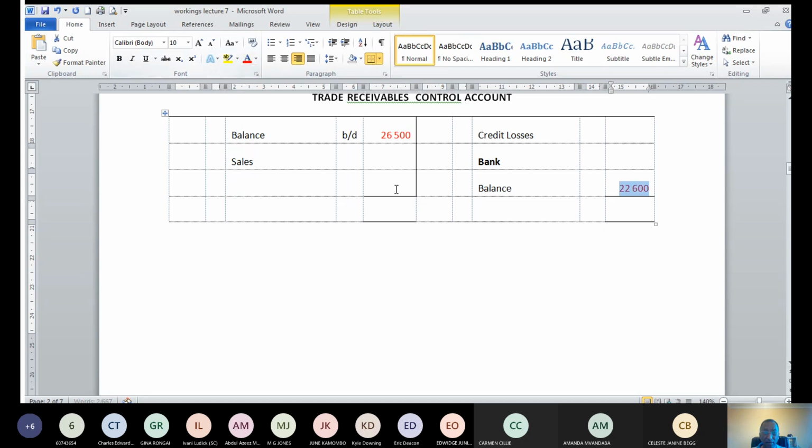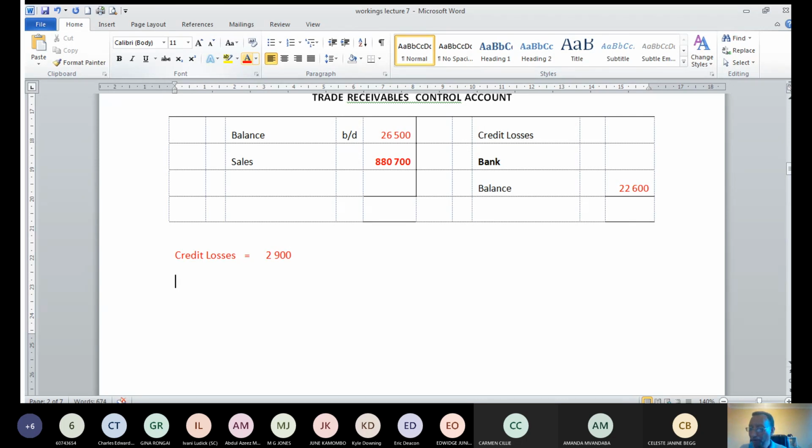Your sales for the year, from your statement of profit and loss and other comprehensive income, 880,700. And now we are going to deal with our credit losses. In our statement of profit and loss and other comprehensive income, our credit losses expense for the year is the amount of 2,900.